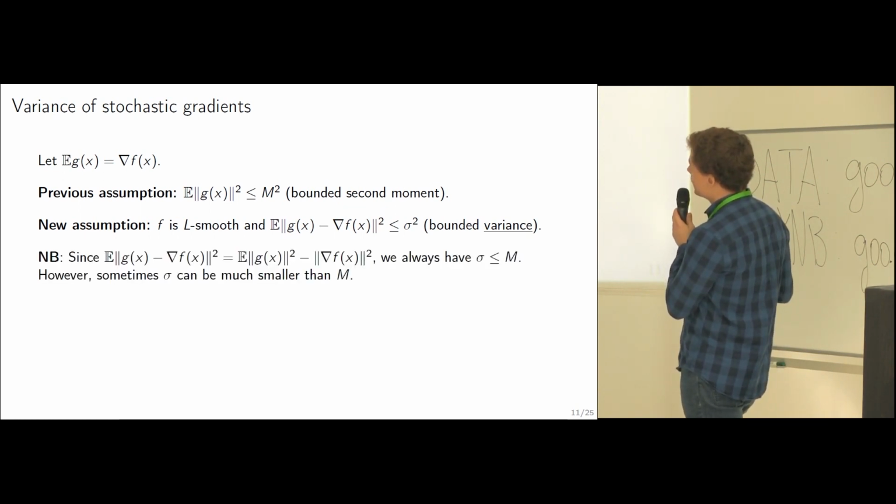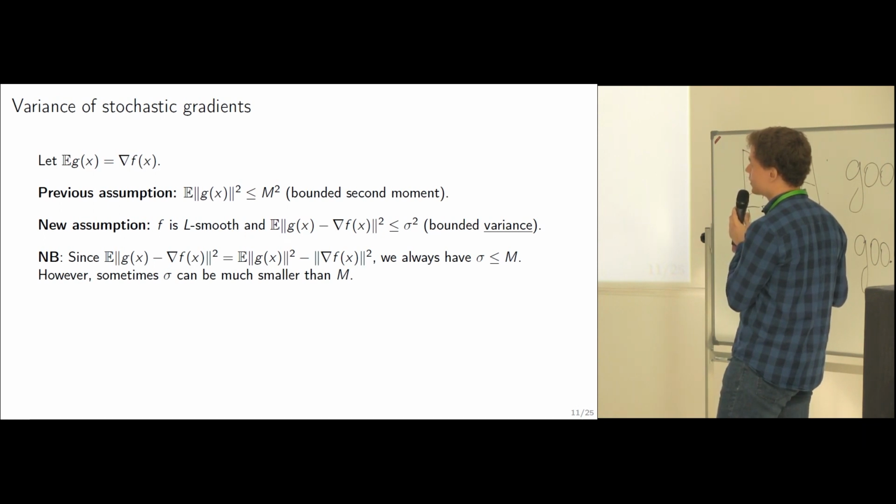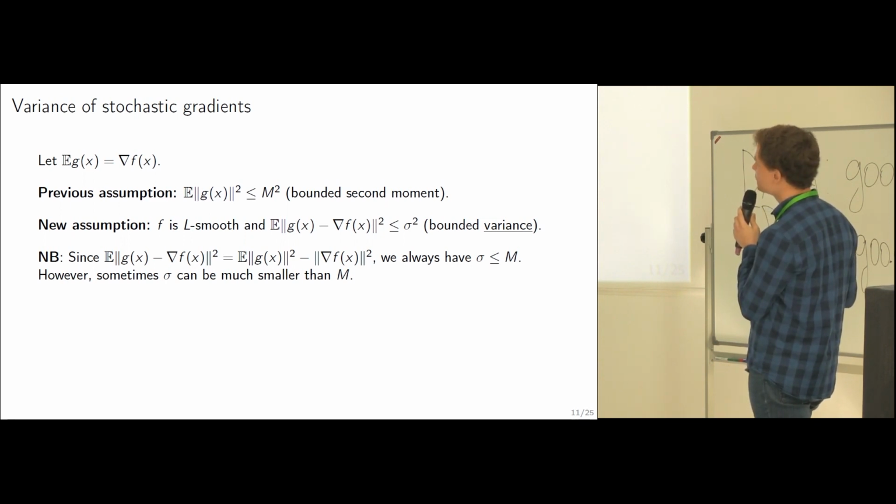Actually, we know this is a standard thing in probability. The variance equals the second moment minus the squared norm of the mean. So if we open the square, the intermediate term will cancel, and we will obtain this expression. So the variance equals the second moment minus the squared norm of the true gradient.